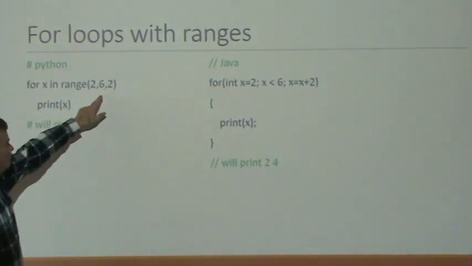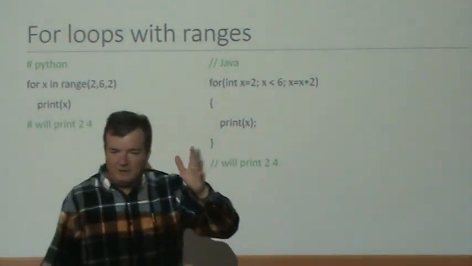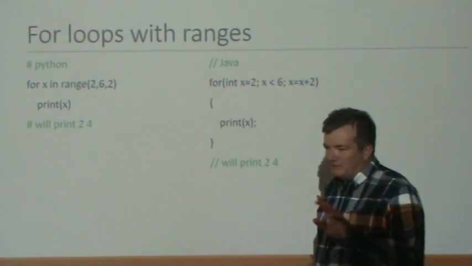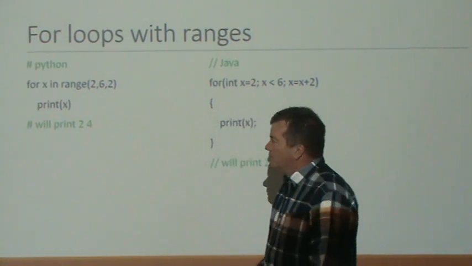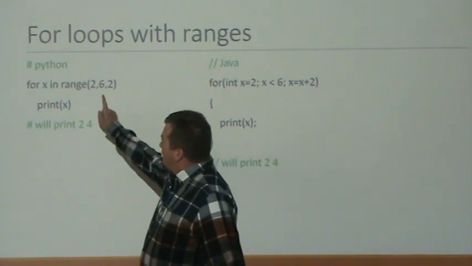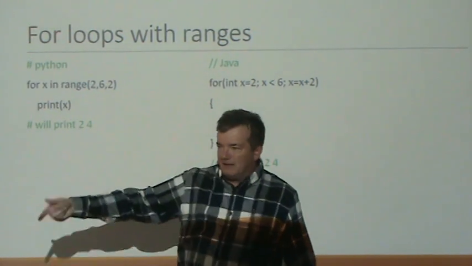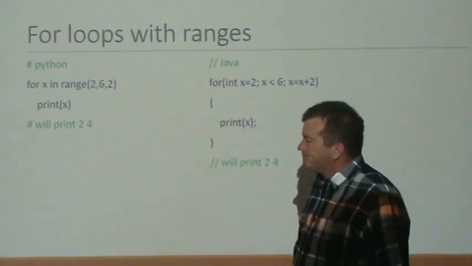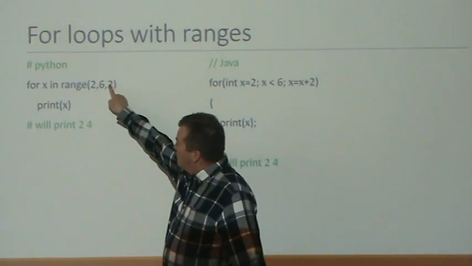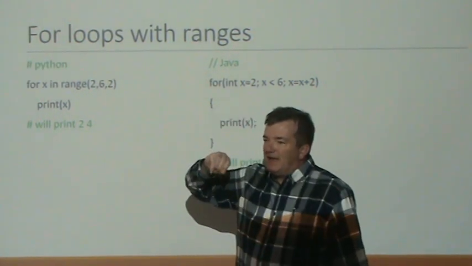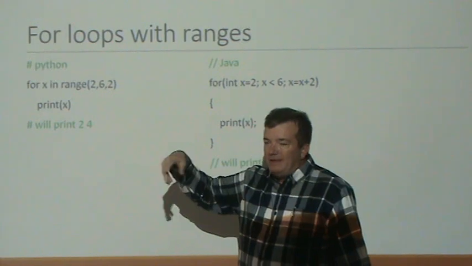And you could go backwards, you could put a negative number. We had an assignment where we printed out the lyrics to 99 Bottles of Beer on the Wall using a for loop, going from 99 backwards down to 2. So you could make this third number, which is optional, how much you increment.